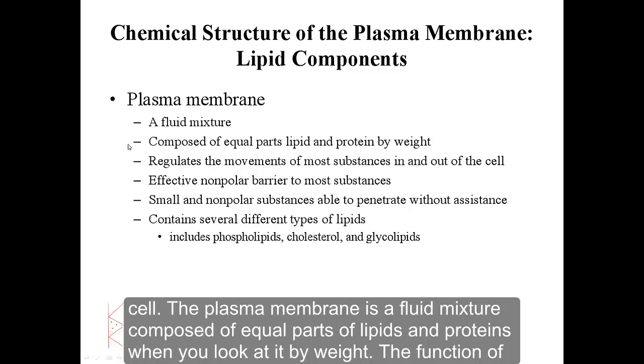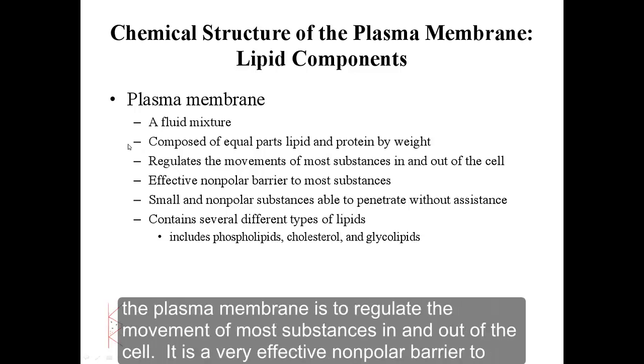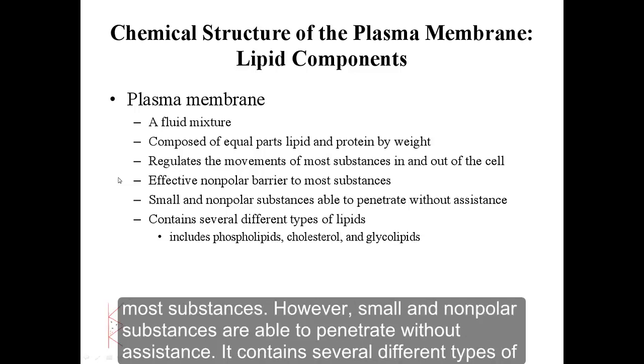by weight. Now, the function of the plasma membrane is to regulate the movement of most substances in and out of the cell. It is a very effective non-polar barrier to most substances. However, small and non-polar substances are able to penetrate without assistance.